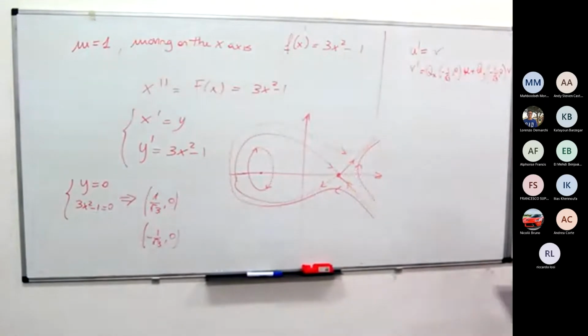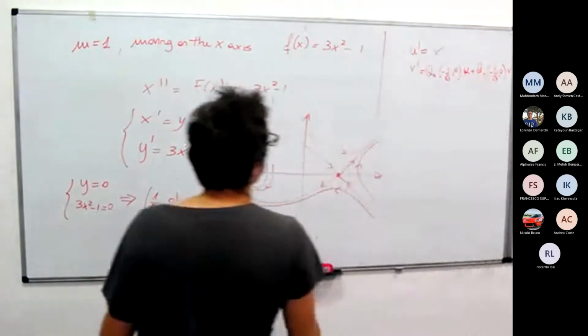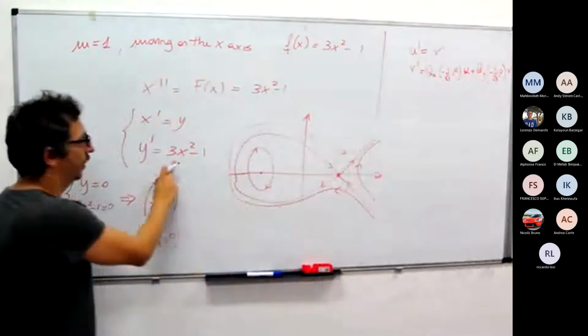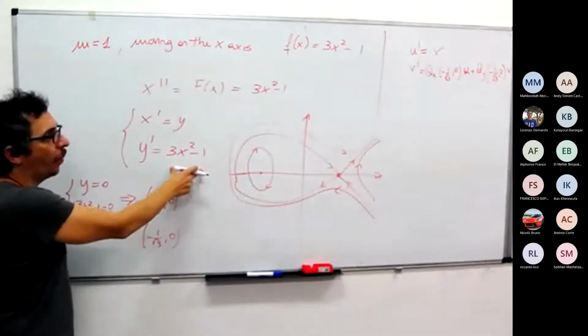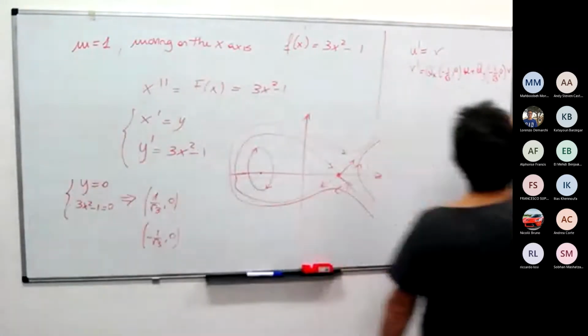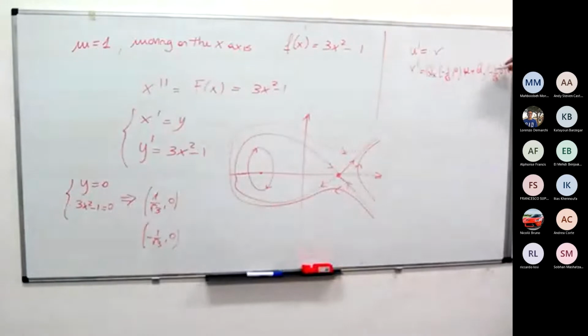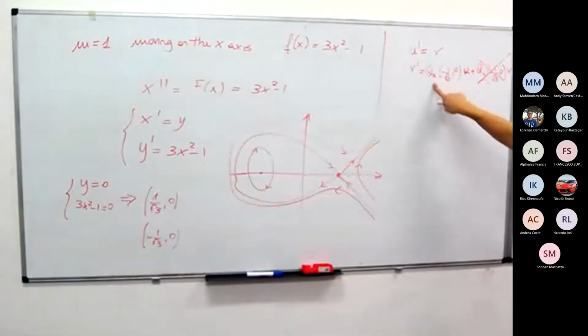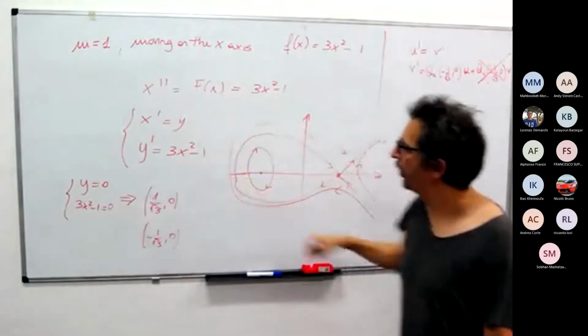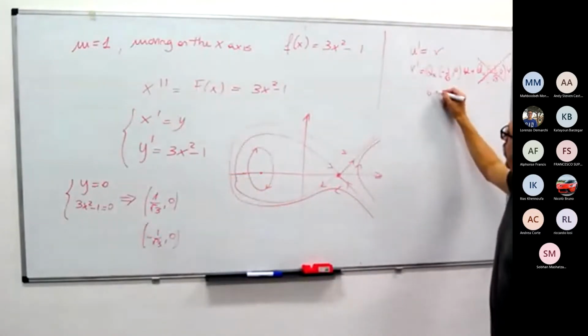And let's see what this gives. This function does not contain y. So surely this term here, the derivative with respect to y, disappears. Now the derivative with respect to x, from here, is going to be 6x.